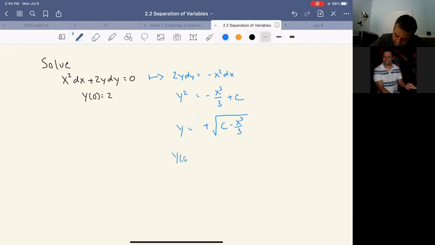So y of 0 equals 2 implies that the square root of c equals 2. So c equals 4. So y as a function of x is going to equal plus the square root of 4 minus x cubed over 3.